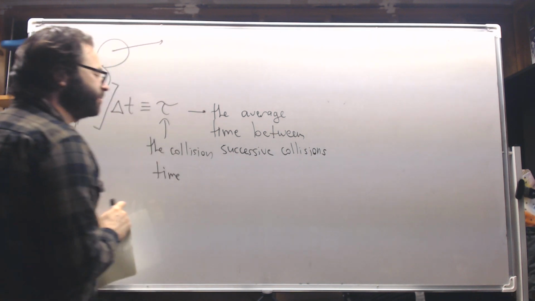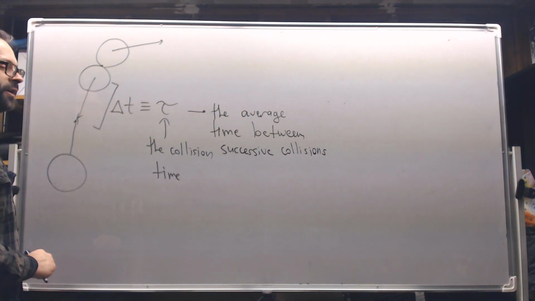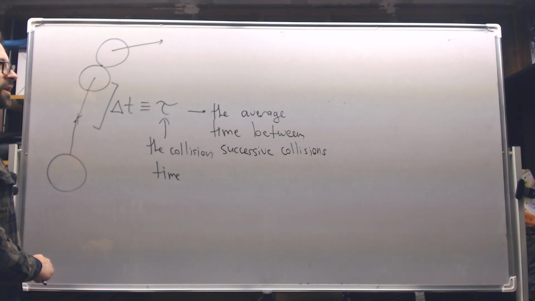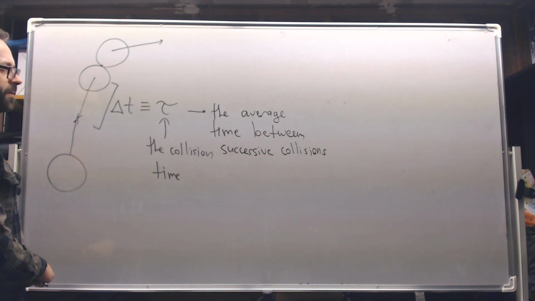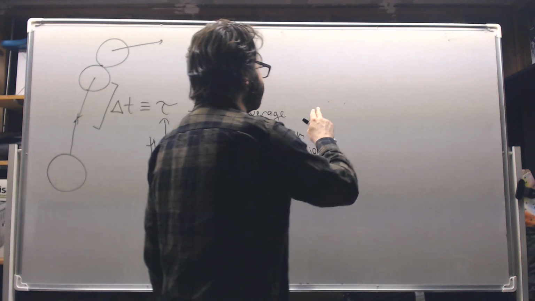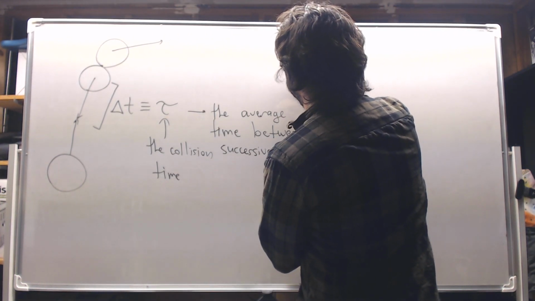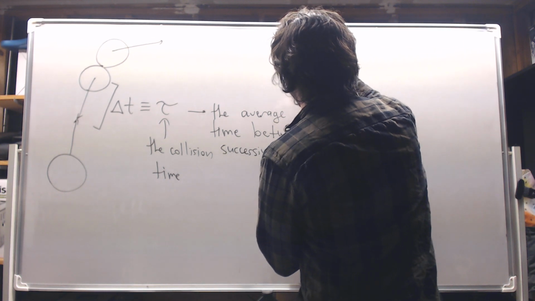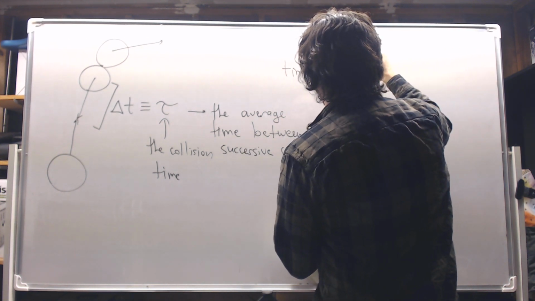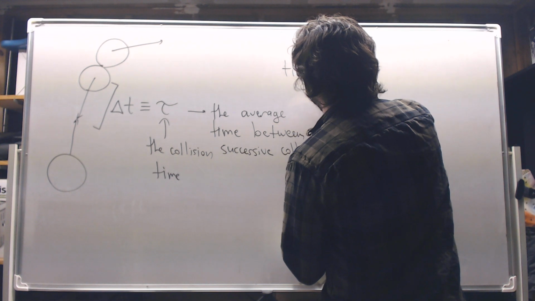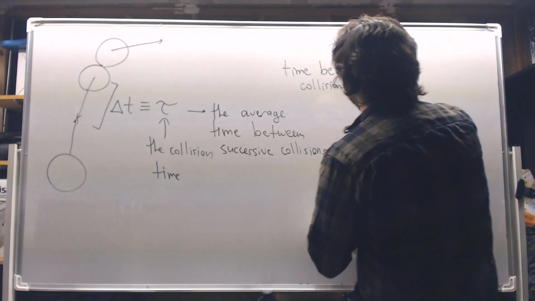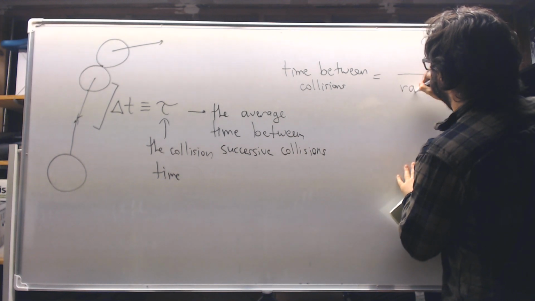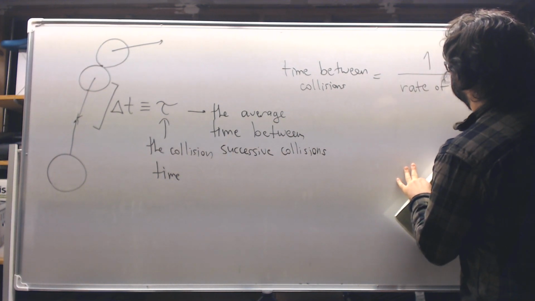So it is the time on average that the particle travels uninterrupted before it gets hit again by somebody else. So this is the time between collisions. How do we calculate this time? Well, the time between collisions is 1 divided by the rate of collisions.